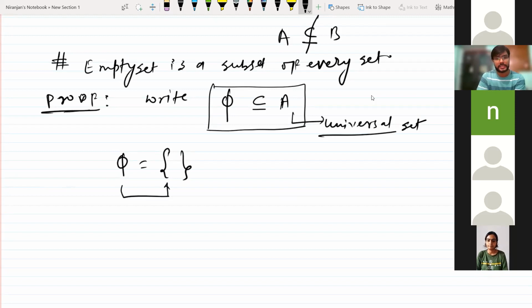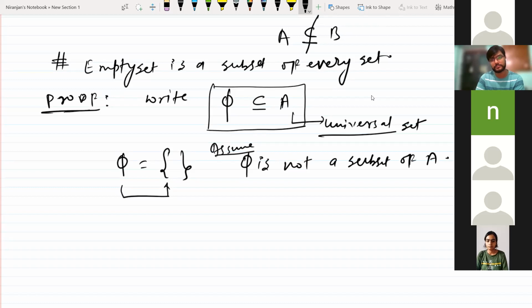Now, can you say anything about this? I'm using the method of contradiction, guys, so please remember that. I assumed that phi is not a subset of A. I just assumed. So can you say anything about this statement, that phi is not a subset of A?